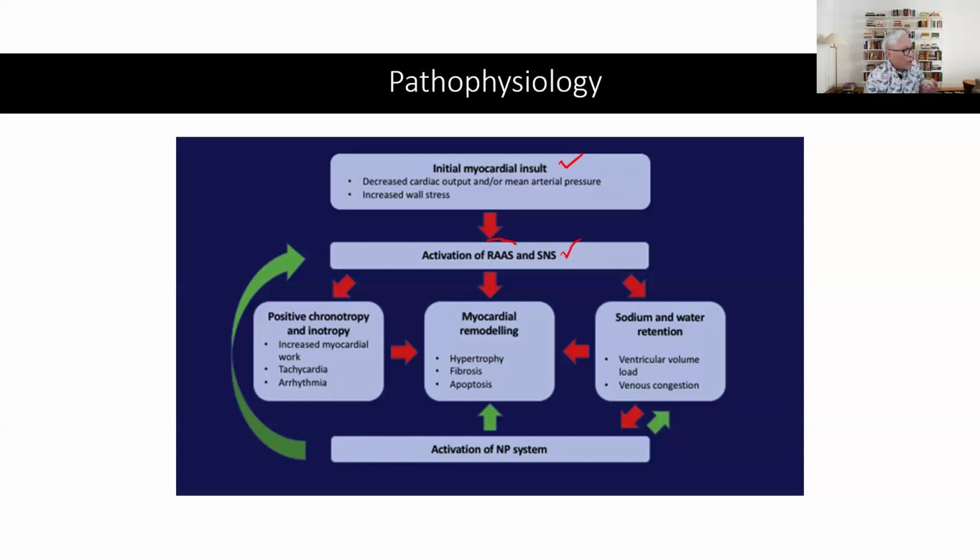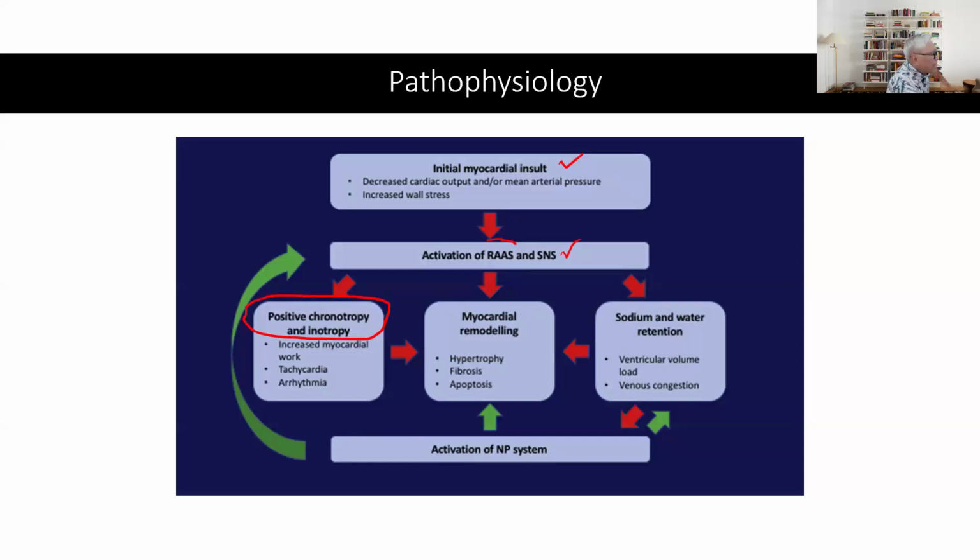So we had already said that one of the things that's going to happen as a result of the increase in the sympathetic nervous system is going to be your actions on the heart as well as in the lungs. So when we talk about positive chronotropy and inotropy, what does that mean?